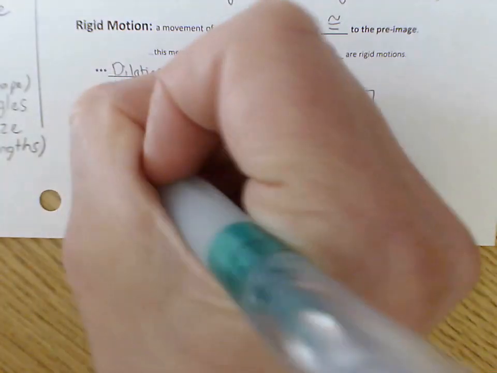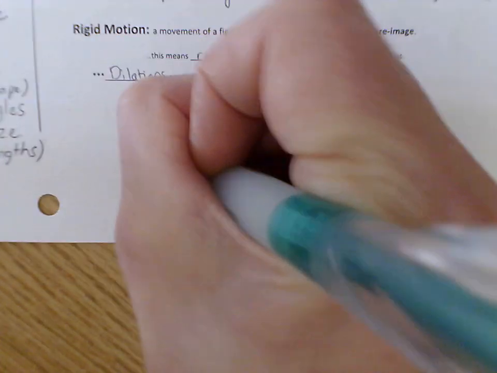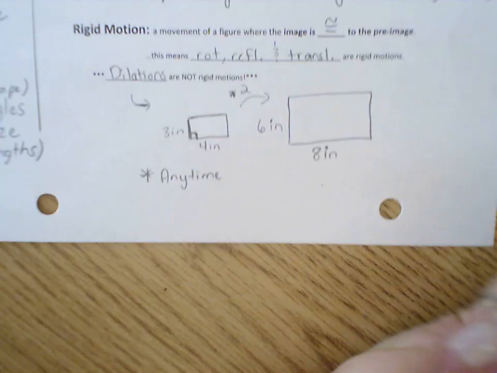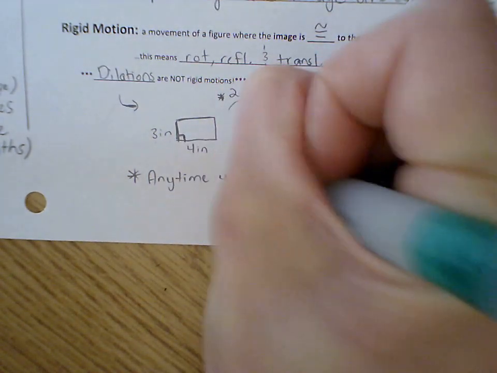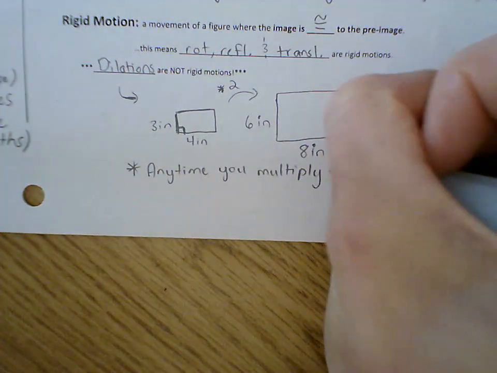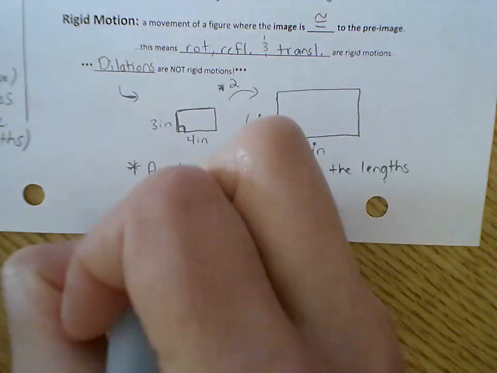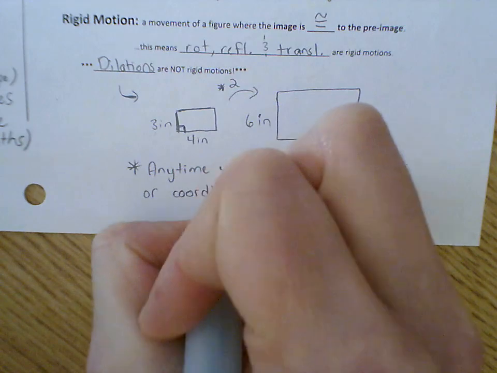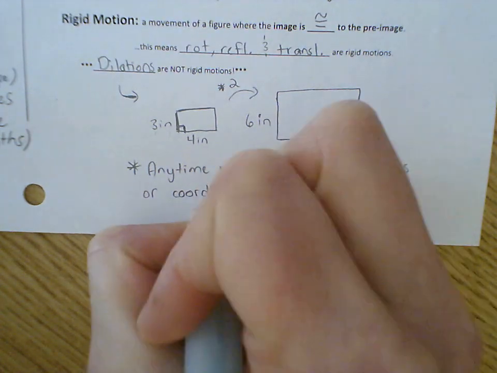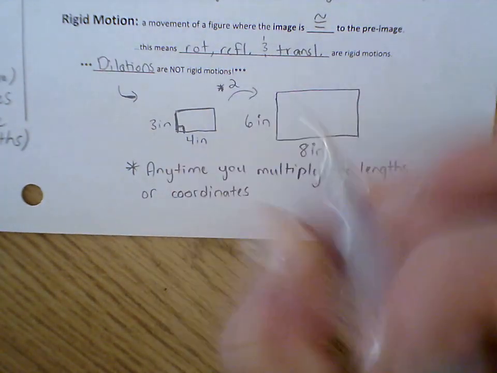So kind of putting this all together, because we are multiplying, I want you to realize that anytime you multiply, so we're going to write this down, anytime you multiply the lengths of the figure, or if it's on a coordinate plane or a graph, you might be doing that to coordinates. You do the same thing, you just multiply the numbers in the coordinate by that scale factor, okay?